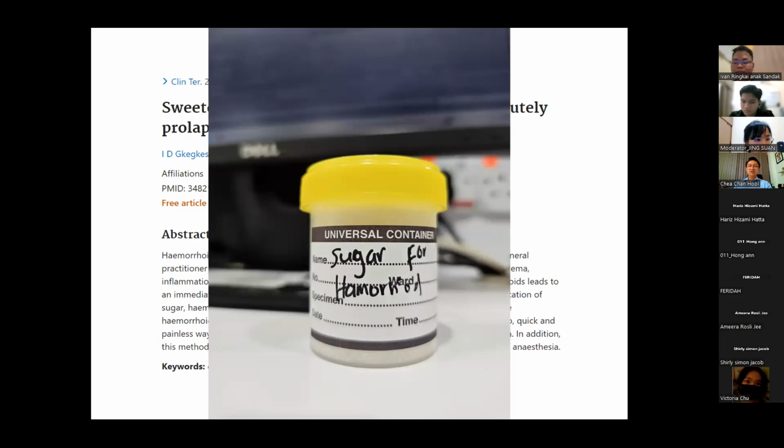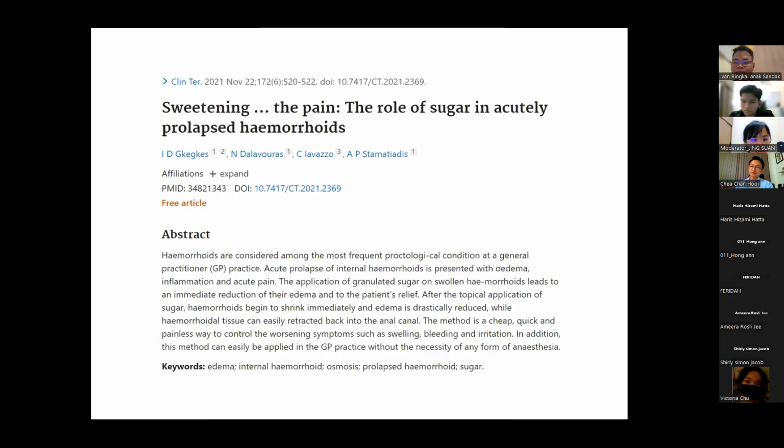So how it works is that sugar has a higher osmolarity. If you apply it onto a mucosal surface, it will absorb fluid out. So if you apply it on a prolapsed hemorrhoid, the high sugar will absorb fluid out from the hemorrhoidal tissue, so the tissue will shrink.